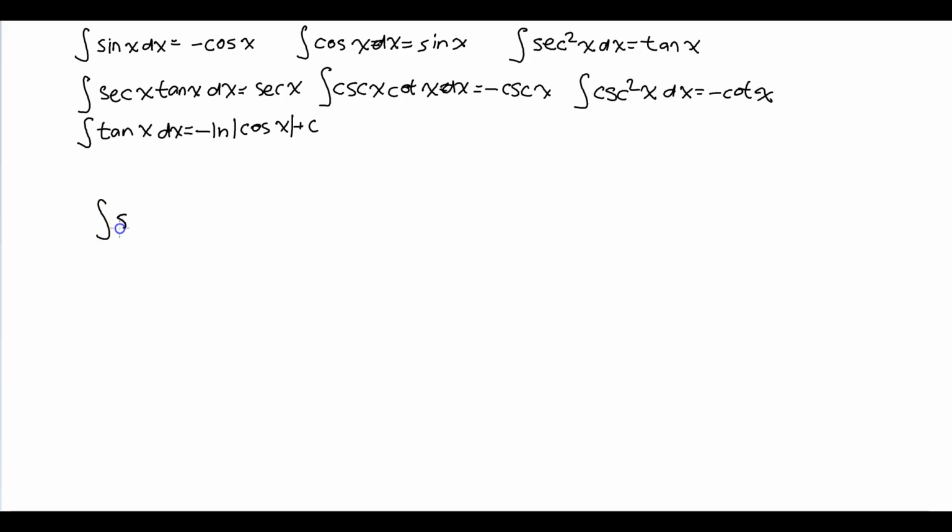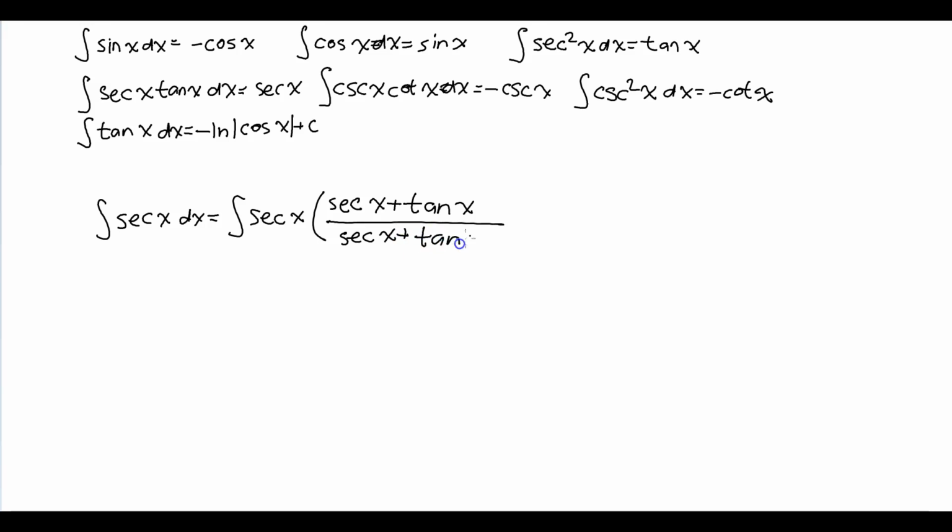If we get the integral of secant of x dx, what we can do is multiply both the numerator and the denominator by secant of x plus tangent of x. And this is incredibly sneaky, so usually you won't get it right on the first try.